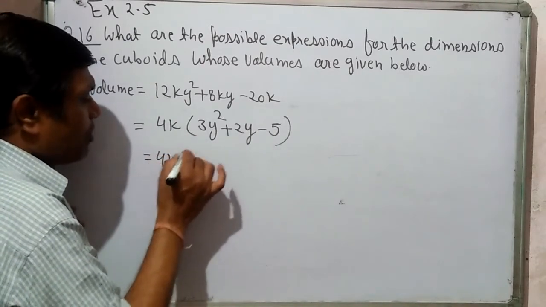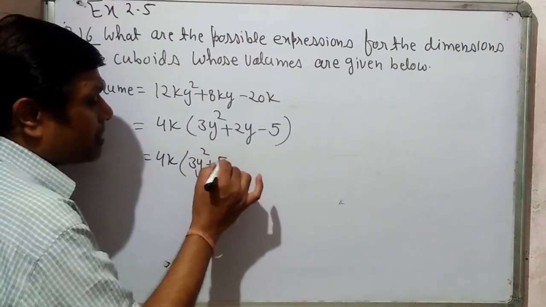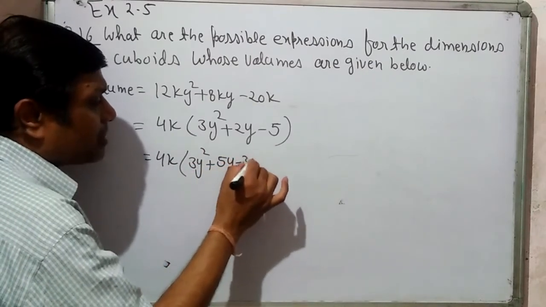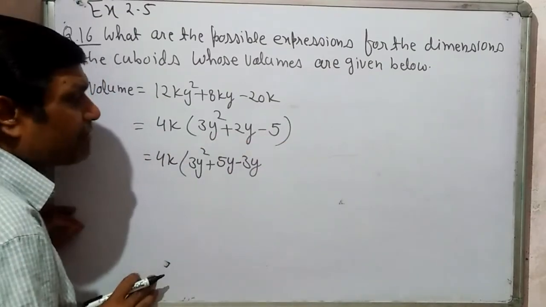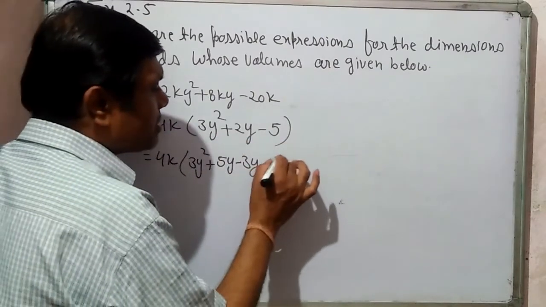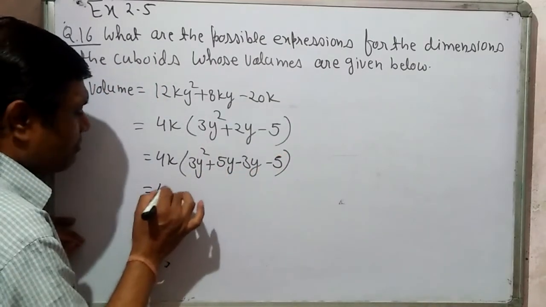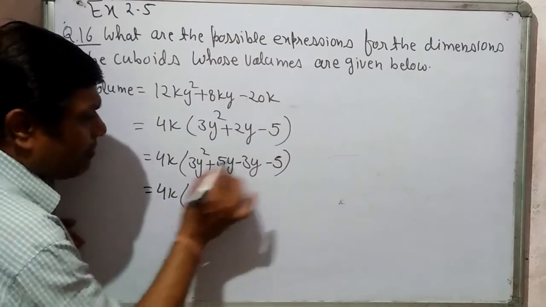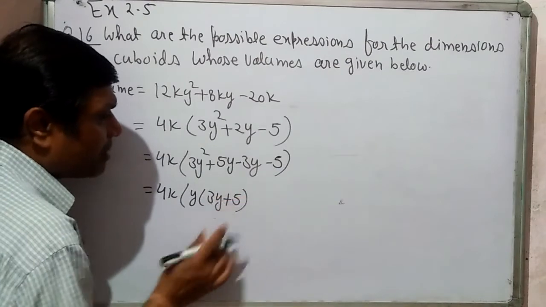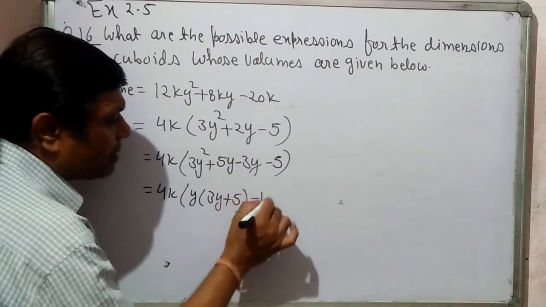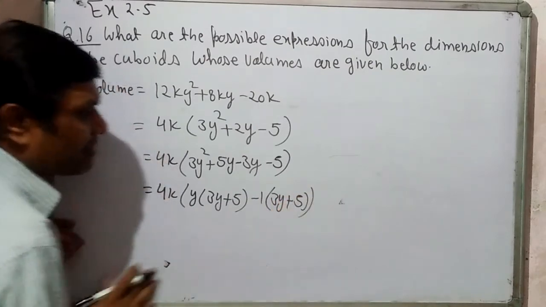So it will be 4k multiplied by 3y square plus 5y minus 3y, that's 2y, and then the multiplication is minus 15, minus 5. Take common out, 4k, we have y only common, we get 3y plus 5. We have 1 only common, negative 1, so we get 3y plus 5.